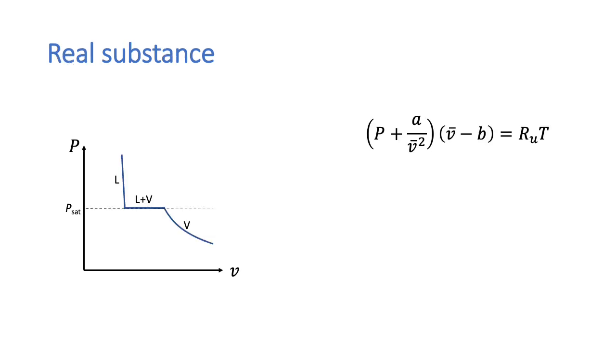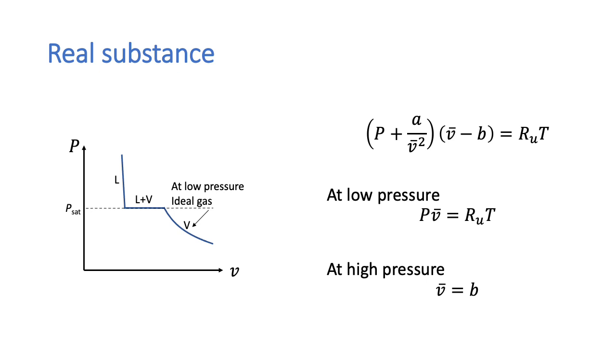So this is an isotherm for a real substance, and we can see that the van der Waals equation approximates it at both high pressure and low pressure. At low pressure, the equation becomes the ideal gas equation. At high pressure, it becomes the equation for an incompressible liquid.